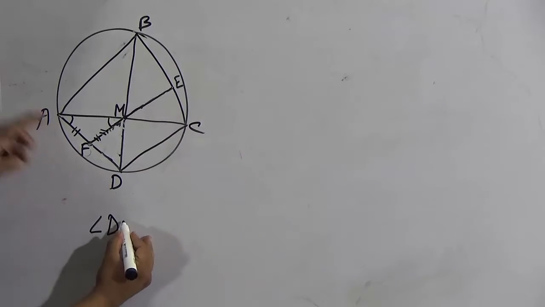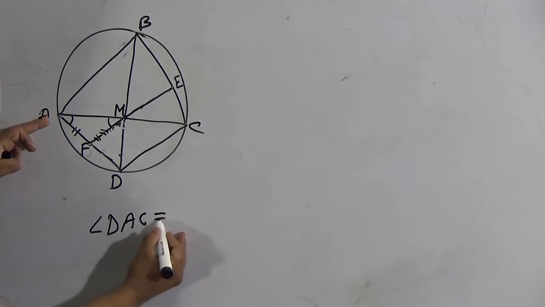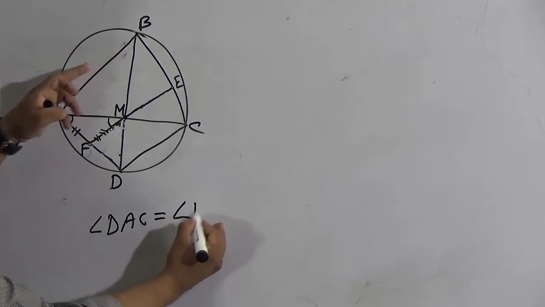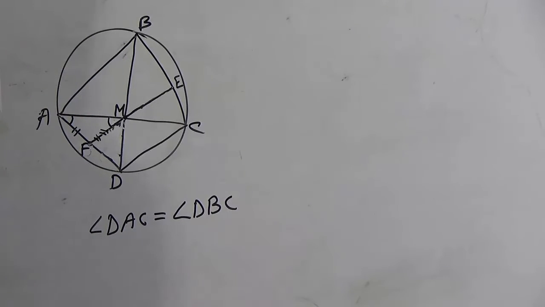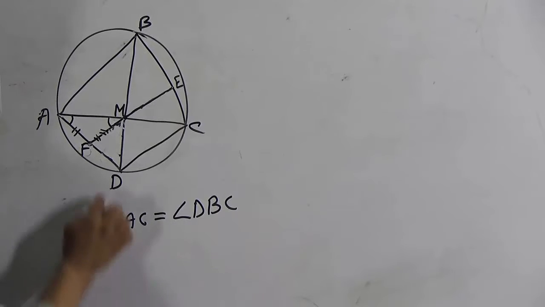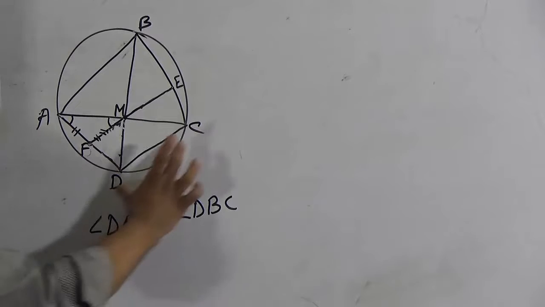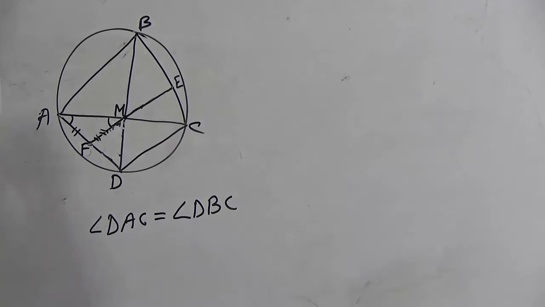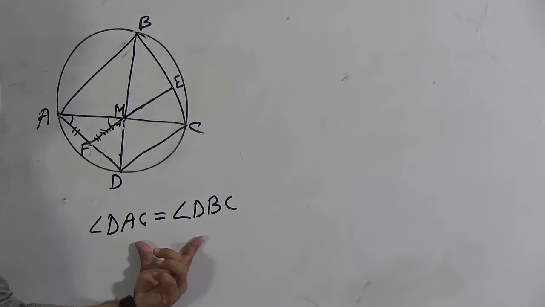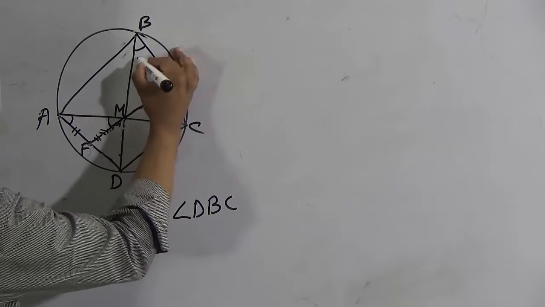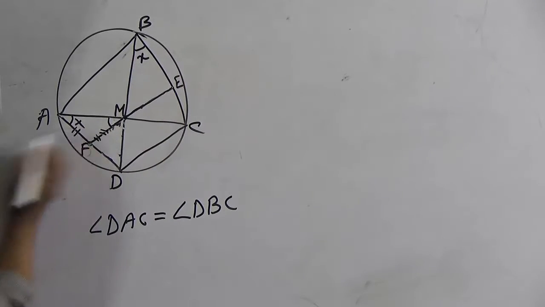Angle DAC will be equal to angle DBC, because these two angles DBC and DAC are standing in the same circle on the same chord. That's why these two angles are equal to each other. Suppose this angle's name is x, and this angle's name is also x. So these two angles will be equal to each other.